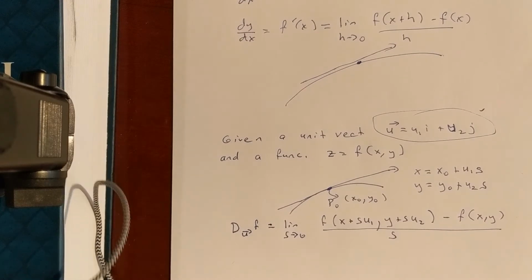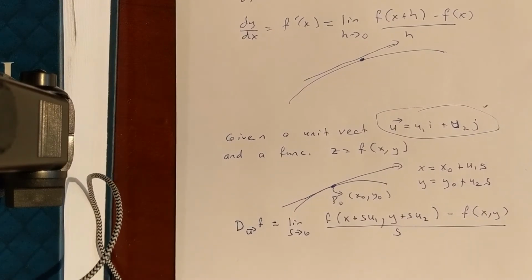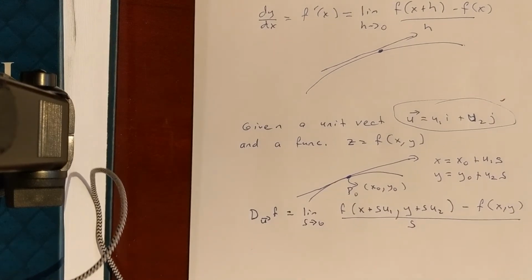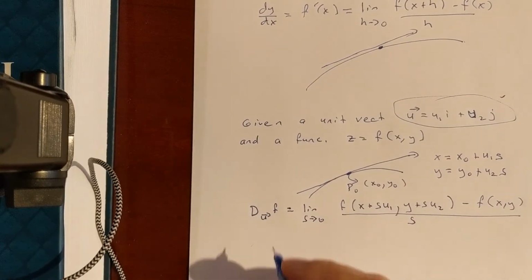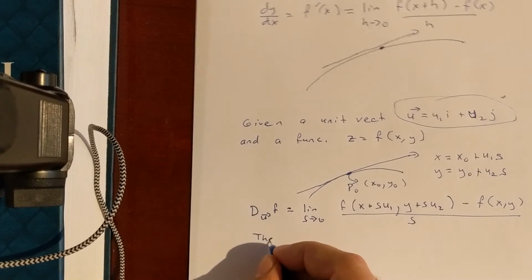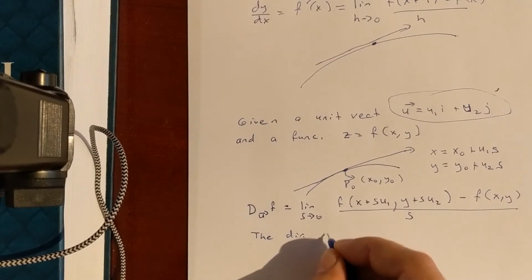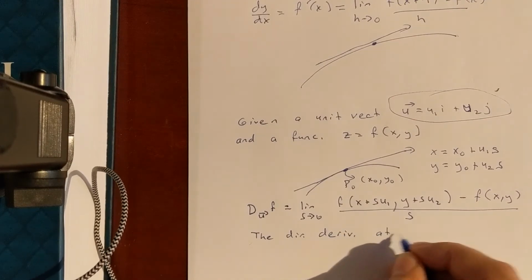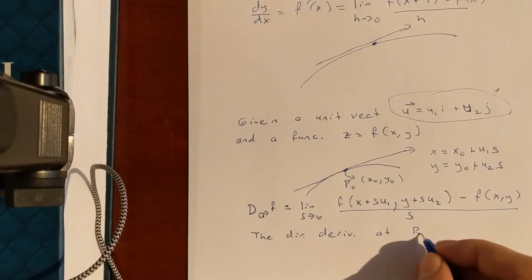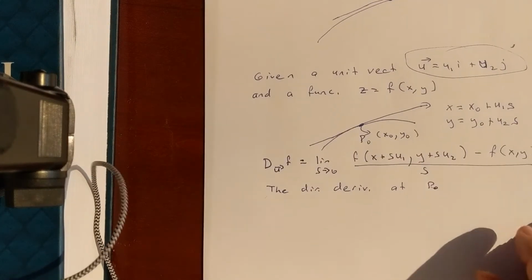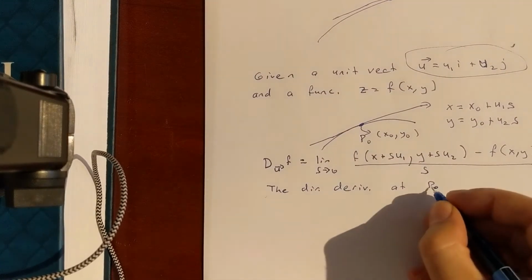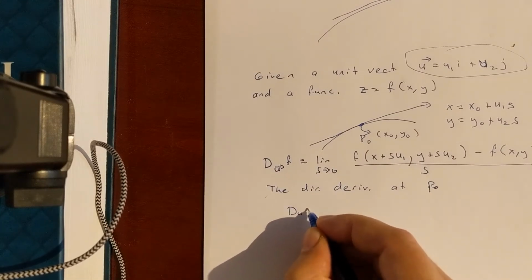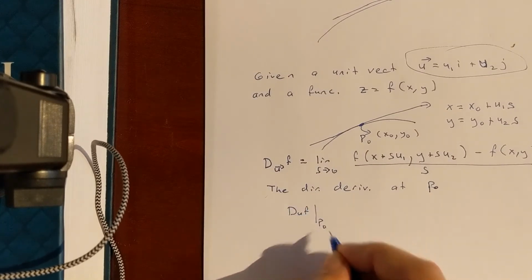So if this limit exists, we say the function has that directional derivative. The directional derivative at p naught, I would just evaluate this at p naught. I would just write D_u f evaluated at p naught.